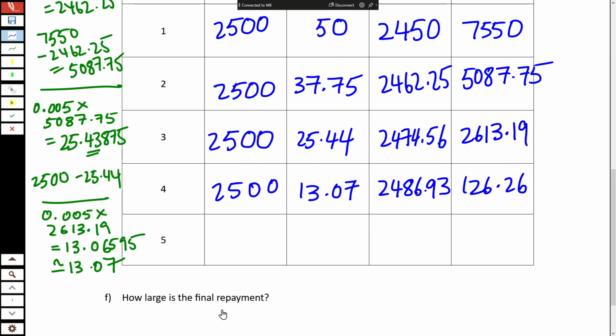Very good. Mary has offered a very important insight here. The final payment is not $126.26 because the bank will charge us interest. This is a very common exam question where they don't tell you that you need to charge interest on the final payments.